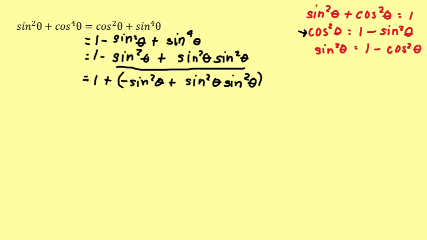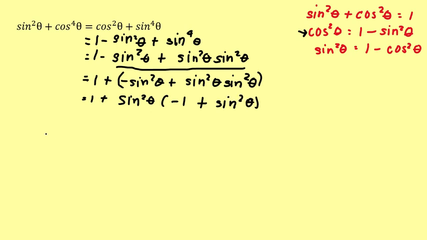They have a common factor, so let's work on this one first. The common factor is sine squared theta. Negative sine squared theta divided by sine squared theta is minus 1, plus sine squared theta divided by sine squared theta is sine squared theta.